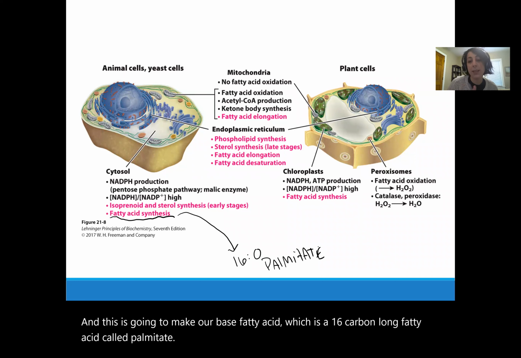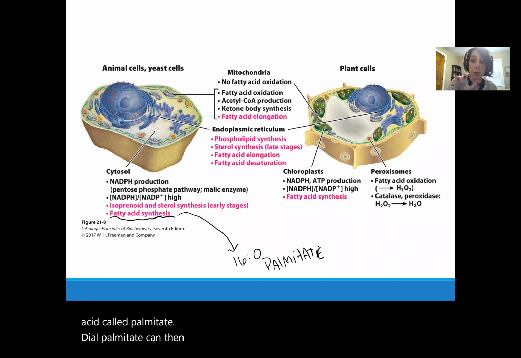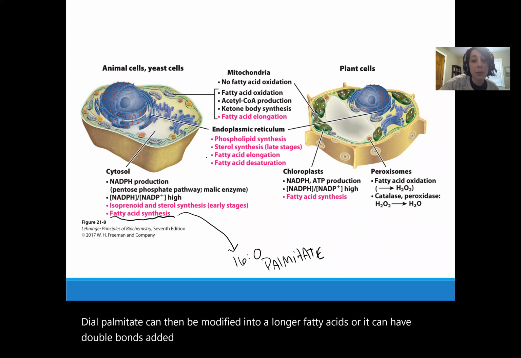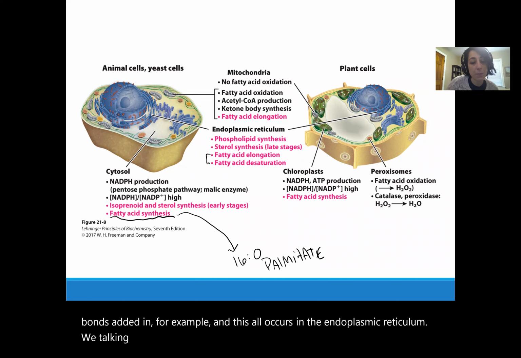Now, palmitate can then be modified into a longer fatty acid, or it can have double bonds added in, for example, and this all occurs in the endoplasmic reticulum. We'll be talking about that today.